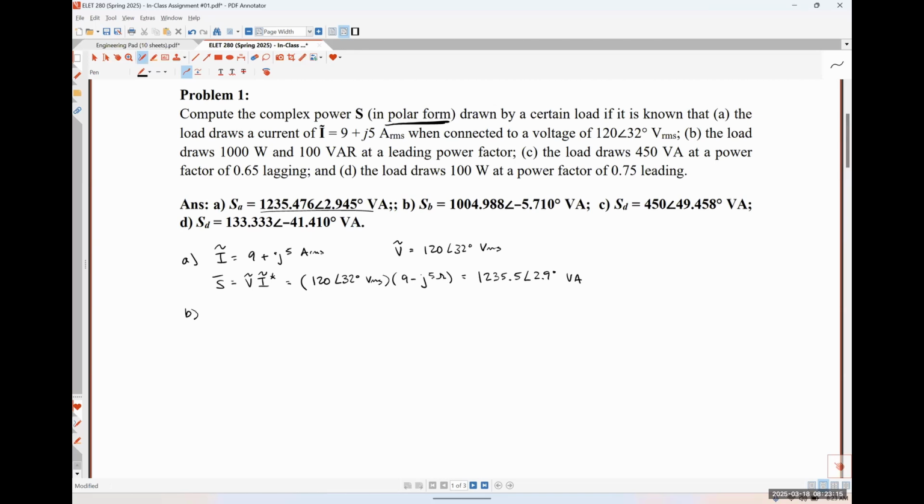I'm going to have to give you guys a little bit of a hint here because we haven't talked about power factor yet. Whenever we have a load that's operating at a leading power factor, that will always be a capacitive load. So when I talk about that 1000 watts there, what part of the complex power am I referring to?